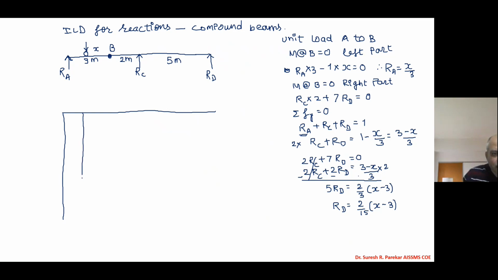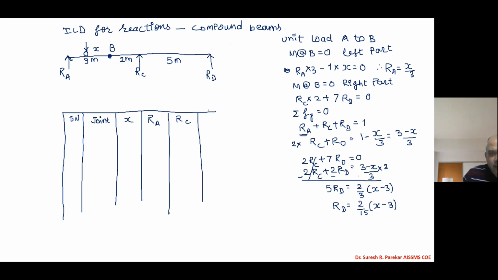First serial number, then joint, then value of x, then we will calculate value of RA, then value of RC, and then value of RD. We should be very careful. We have total value that is equal to 1.